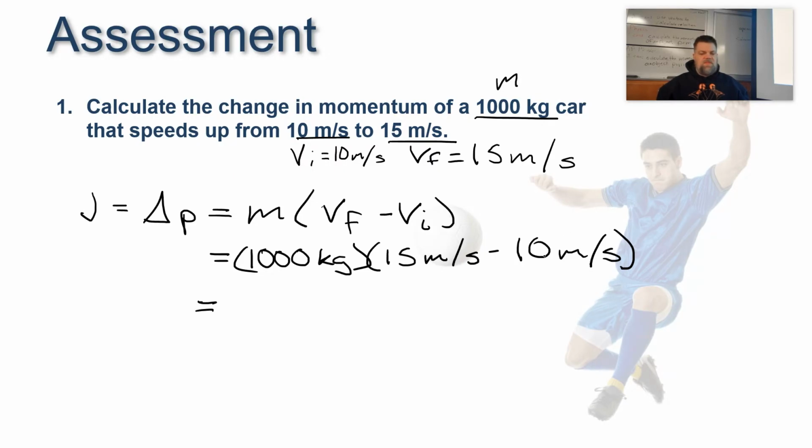This becomes 5 meters per second. So isn't that 5 times 1,000, which would be 5,000 kilogram meters per second. Because 15 minus 10 is 5, right?